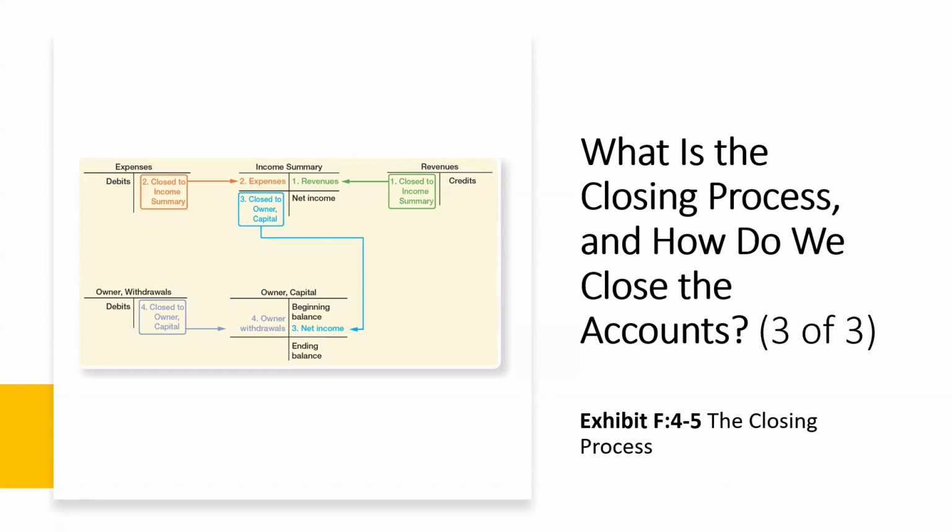You also close it to the income summary. And then in step 3, you close to the owner capital. Step 4, you see the owner withdrawals, but the owner withdrawal is closed to the owner capital account.